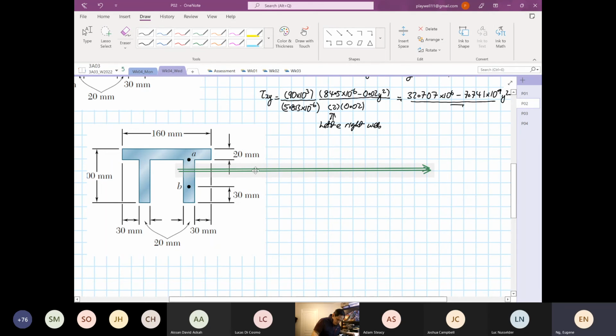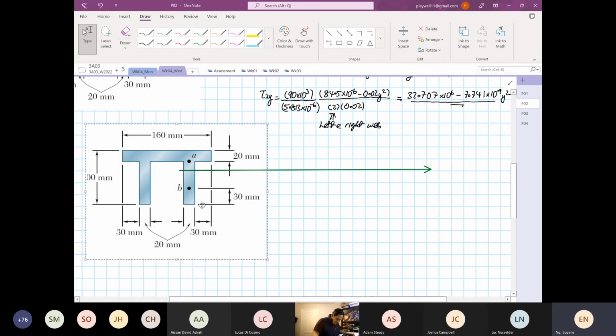Let's pretend that this is our centroid, and then you have your y. This is your shear xy.